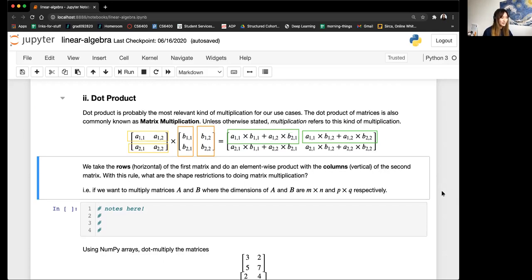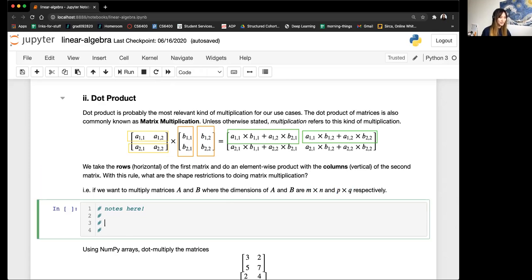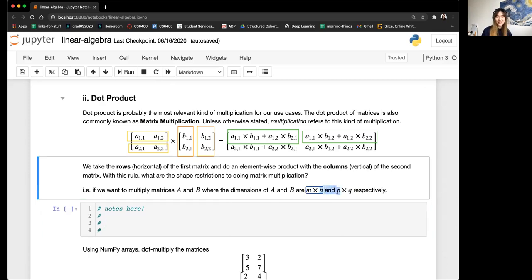So let's say A and B are 2 matrices with m by n and p by q, this being their dimensions. If we want to multiply these 2 matrices, the way I remember it is that the inside dimensions have to match.